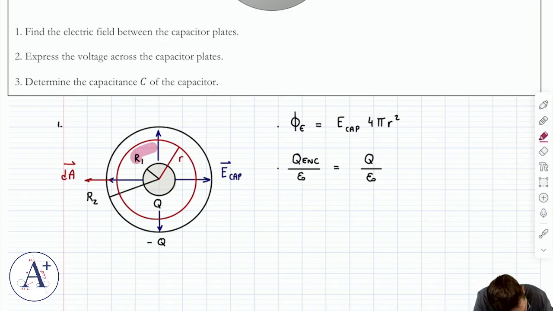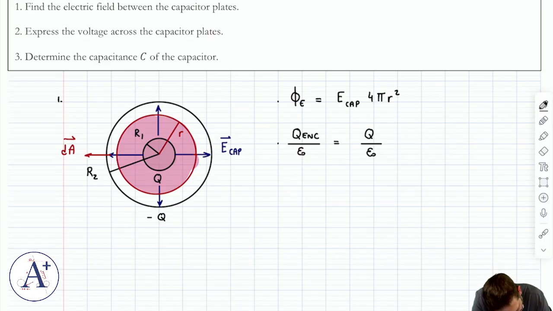Hopefully we all agree. The only amount of charge that lives inside this Gaussian sphere is Q. And so by Gauss's law, and you should always say by Gauss's law if you're going to apply it, the flux, E cap 4 pi r squared, is equal to Q over epsilon naught.